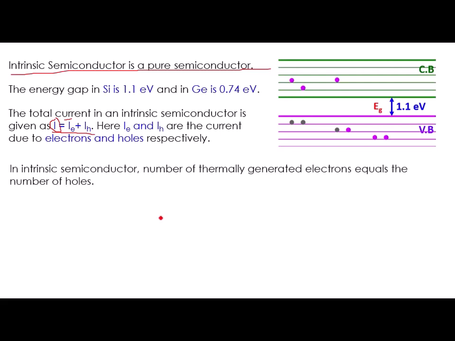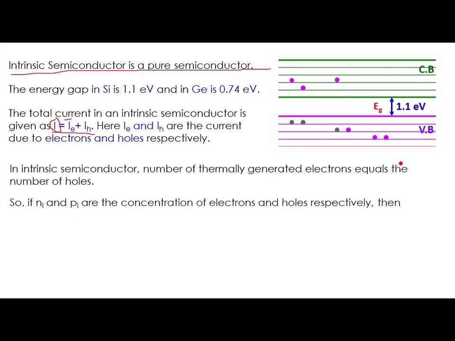Now in an intrinsic semiconductor, the number of thermally generated electrons, which are generated by supplying heat, equals the number of holes, as we saw in the earlier slide.